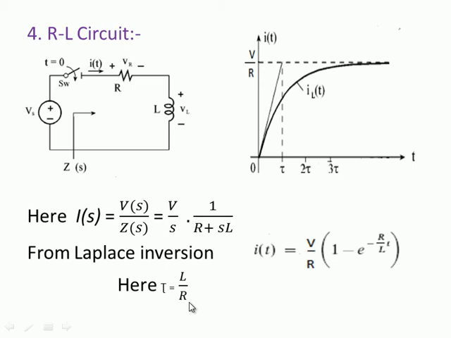Here tau is L by R, which is the reciprocal of R by L. So when minus R by L t is written as minus t by tau, and we put the value of tau as L by R, it will get cancelled, and it will be 1 minus e raised to the power minus 1, which is 1 minus 1 by e.